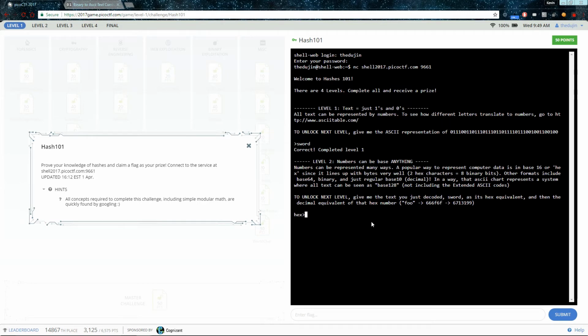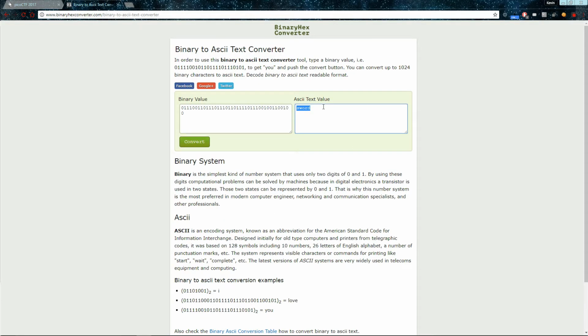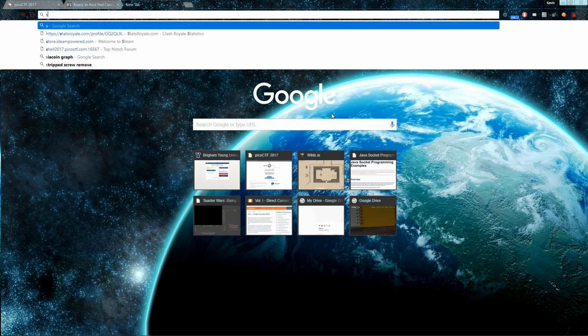So that's level 1. Level 2 asks us to convert the ASCII word to hexadecimal number, and then convert that hexadecimal number to a decimal number. So why don't we try Googling that too? How about ASCII hex converter?